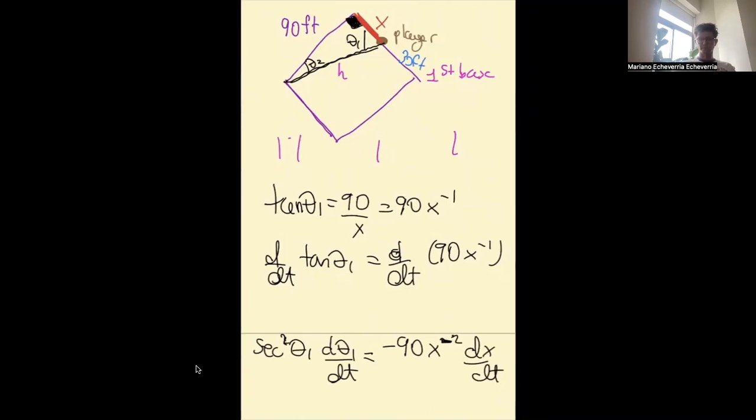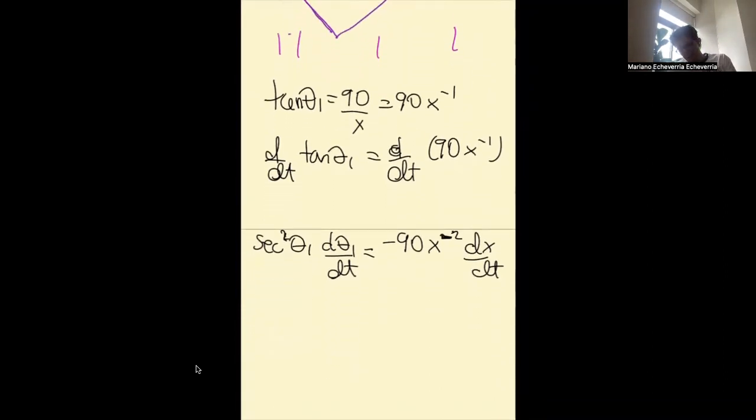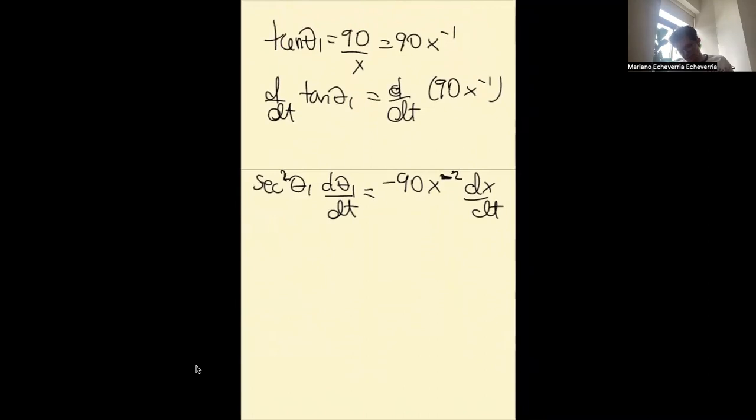Okay. And we're almost there. We already knew that this was minus 16 feet per second.